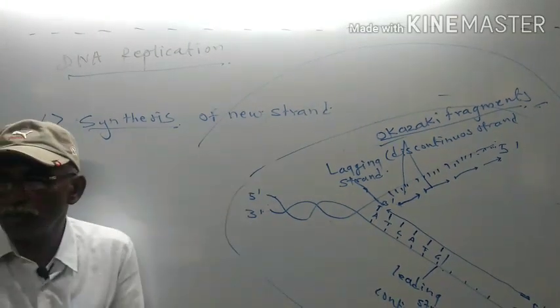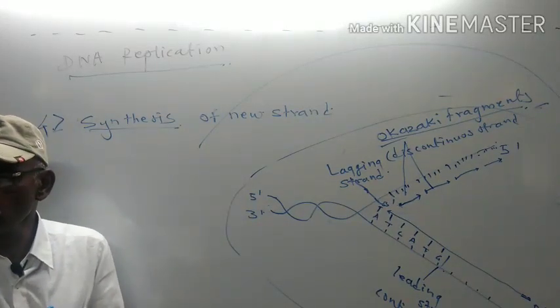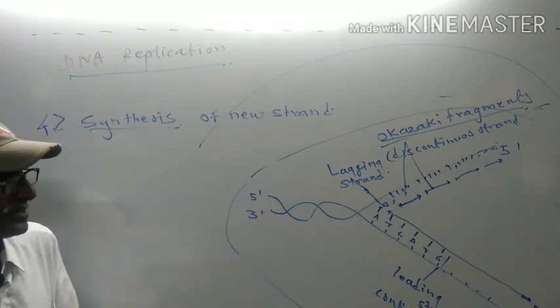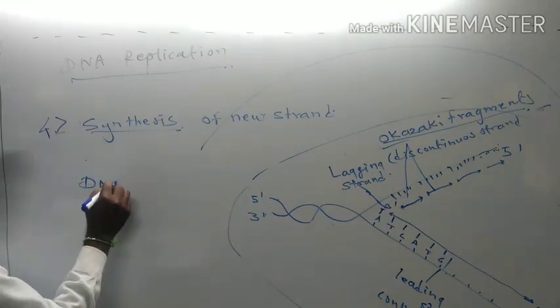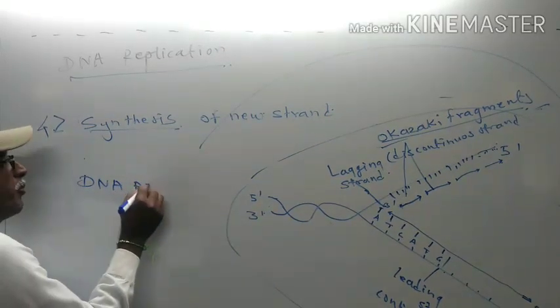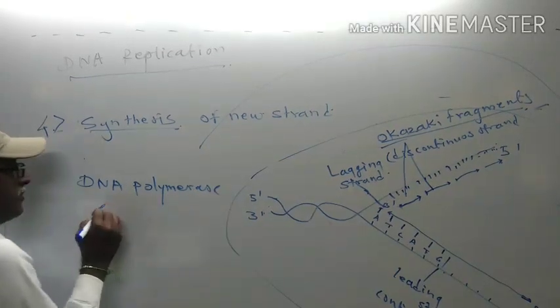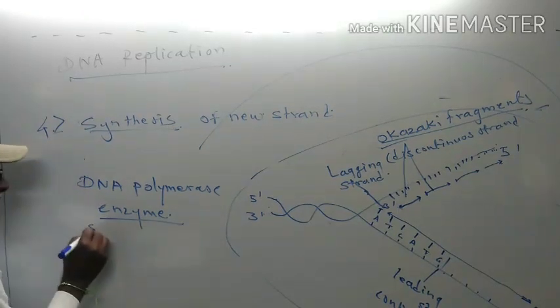and it attracts complementary nucleotides from the surrounding nucleoplasm, and this synthesis is catalyzed by whom? DNA polymerase. And which polymerase? DNA polymerase III. DNA polymerase enzyme helps the process of synthesis.